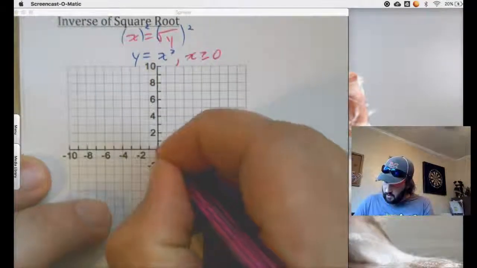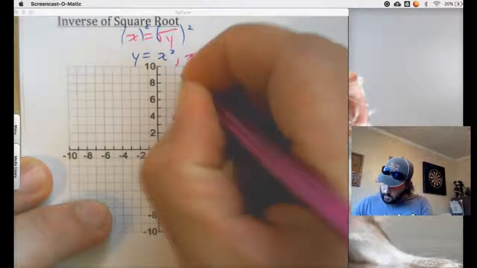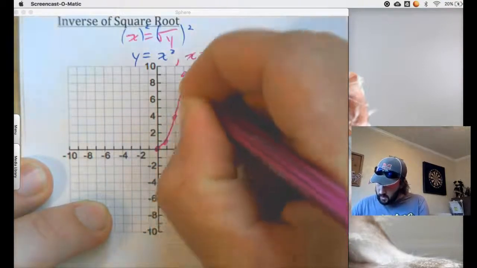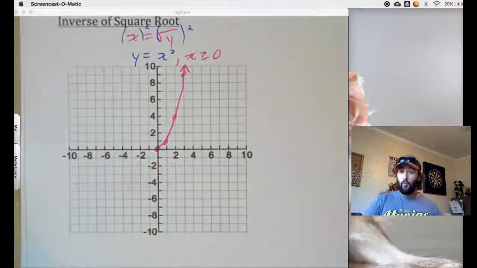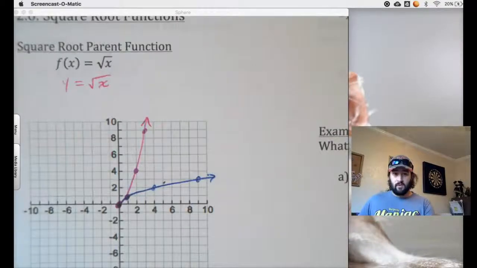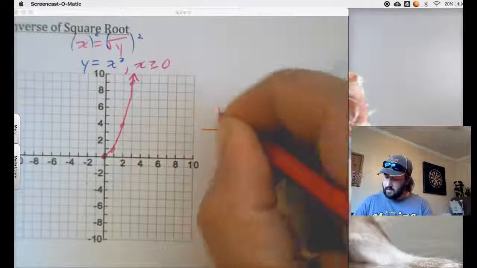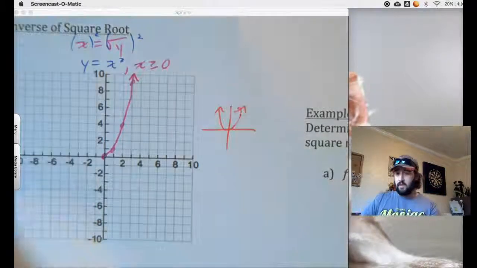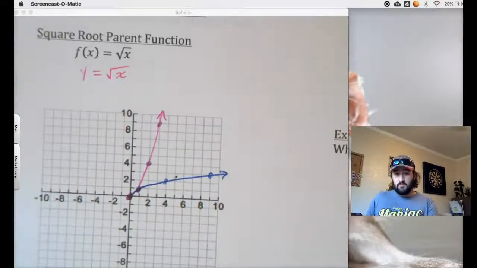So I would have the parabola, but only the positive side of the parabola. These two things are inverses of each other. If I were to graph the other side and make it the whole parabola, it would fail the horizontal line test, so it would not be the inverse of that function.